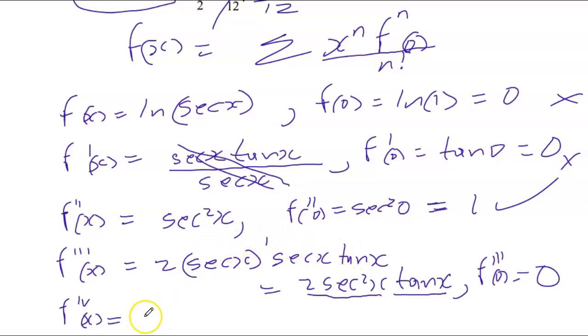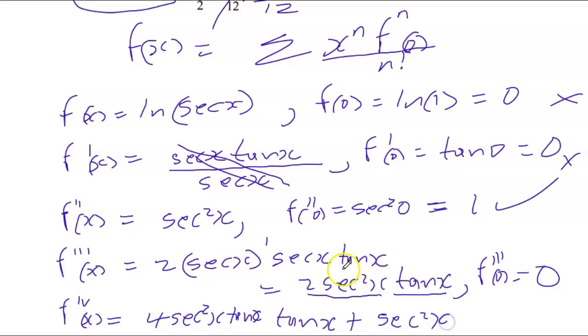So it's actually 4 sec square x tan x, times the other term, which is tan x. Plus, according to product rule, we differentiate tan x, that's sec square x, times 2 sec square x. So that's sec square x times 2 sec square x.